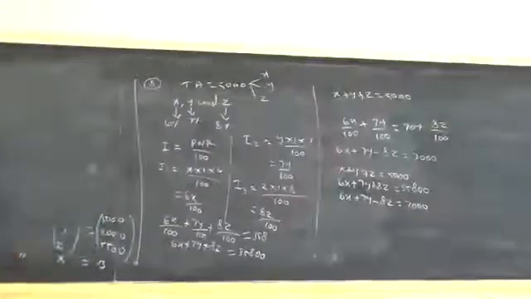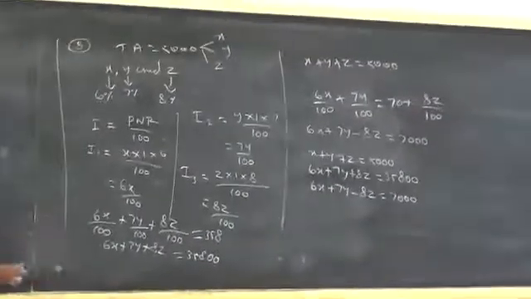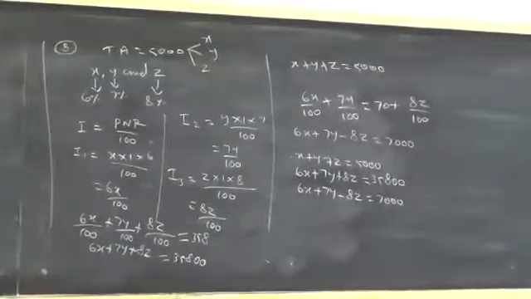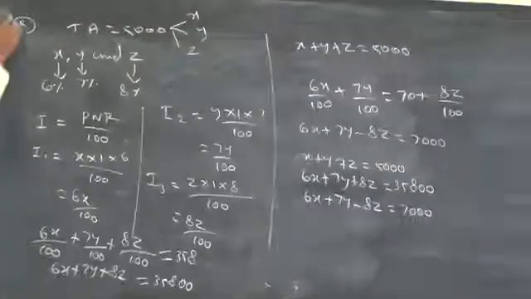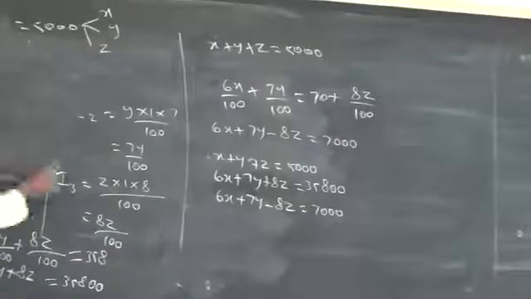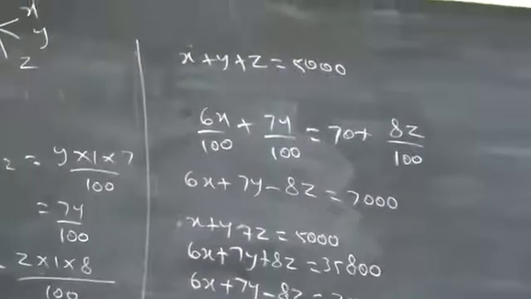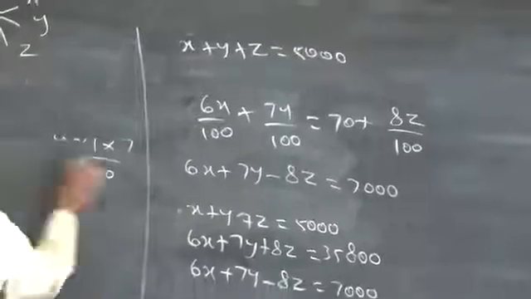In the exam, if it is given "solve", you can apply the elimination method, and they will give marks. If they mention the rank method, you are supposed to do the problem only by the rank method.